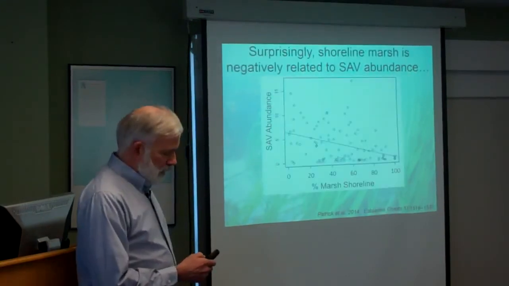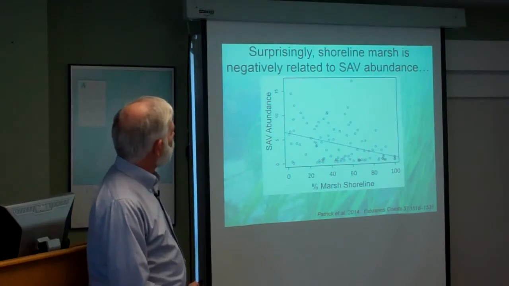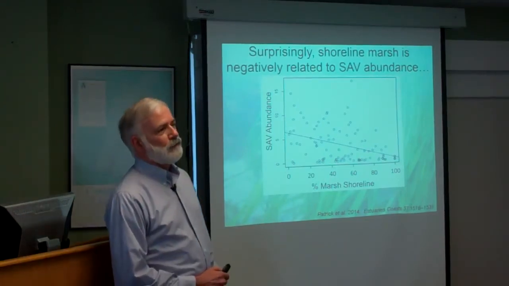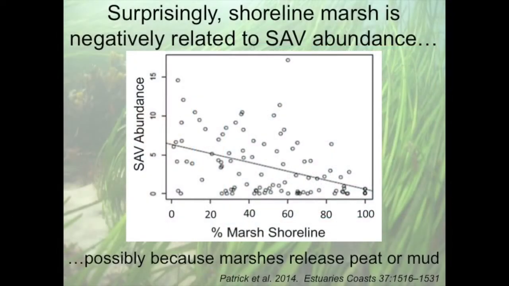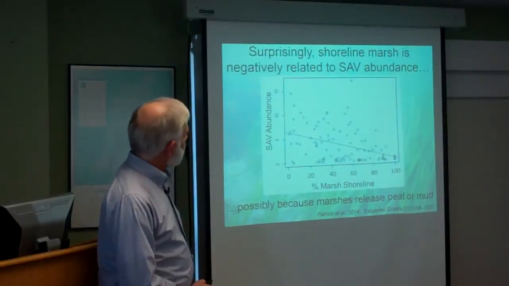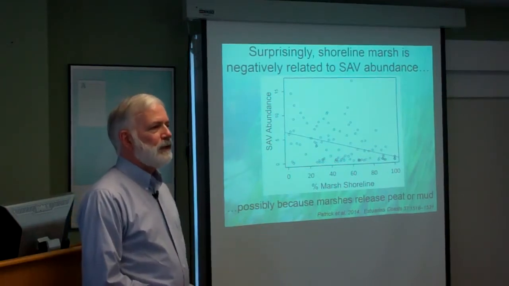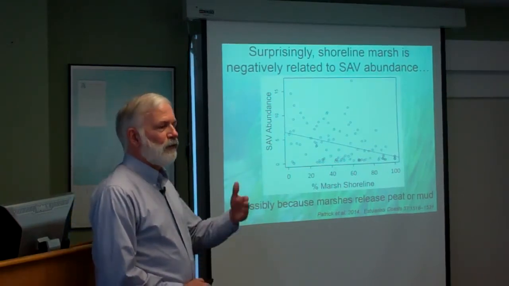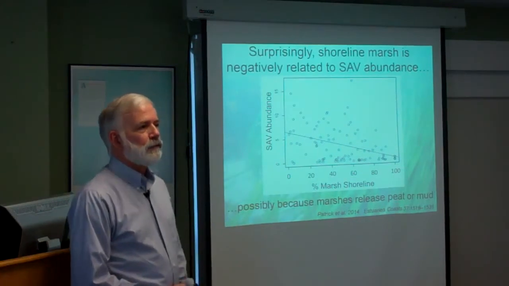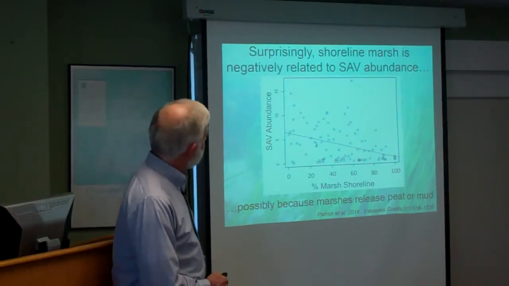Surprisingly, we found that the percentage of marsh on the shoreline in the sub-estuary was negatively related to SAV abundance. We were surprised to see this, but we think it may be related to the fact that these marshes may release peat or mud into the surrounding water, which provides a less suitable substrate for several of the SAV species.